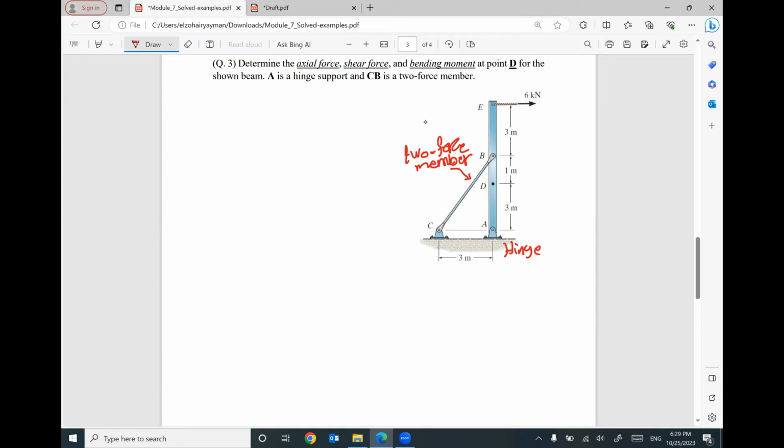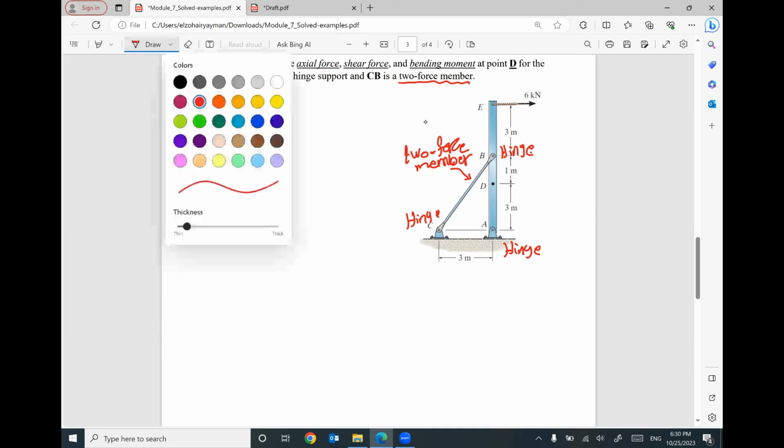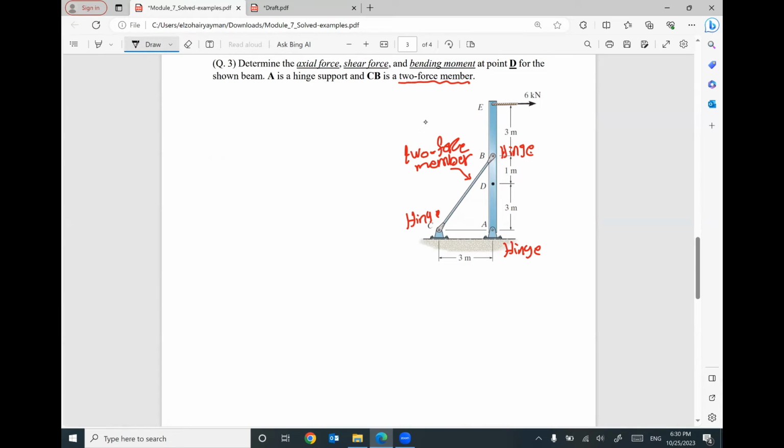If you look at this 2 force member, you will have a hinge or pin here, and here connected to the element another hinge or pin. Based on the given information, CB is a 2 force member. If you have this member, I will figure out the reactions like this.